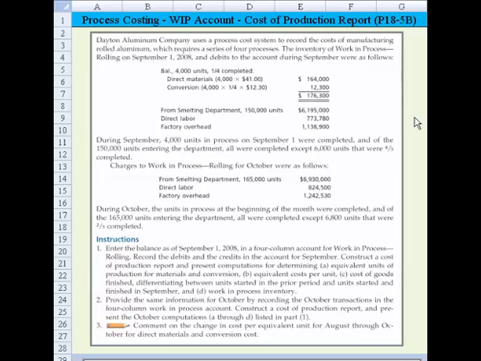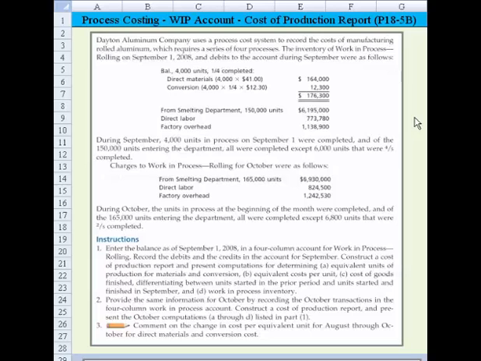Okay, then from the smelting department, it looks like we had 150,000 units totaling a cost of $6,195,000, and this is what was involved in debits to the account during September. Also, direct labor was debited $773,780, and factory overhead was debited, totaling $1,138,900.